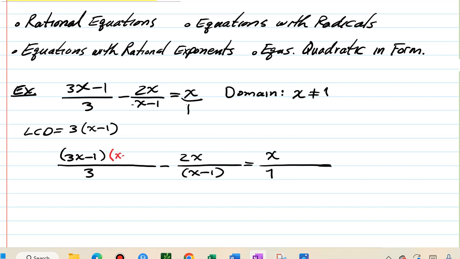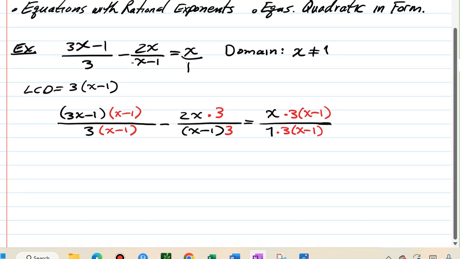It needs x minus 1 to become the LCD, so multiply top and bottom by x minus 1. The middle fraction, with x minus 1 as the denominator, needs a 3. Multiply top and bottom by 3, so its denominator is also the LCD. And for the fraction on the right side, this one needs both 3 and x minus 1 to become the LCD. And there you have that one.